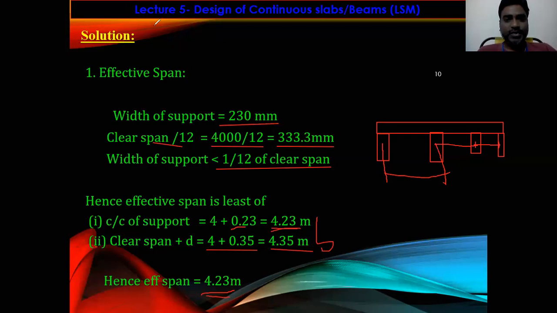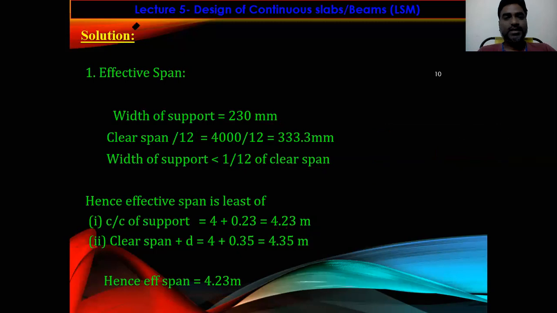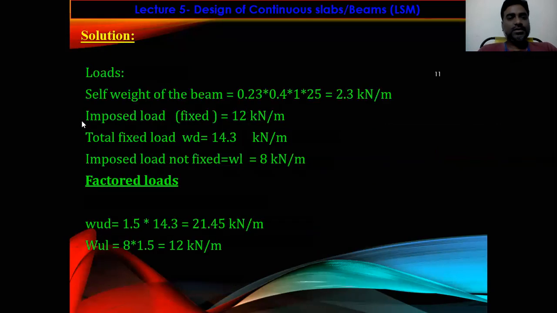So next you need to determine the loads. Here we have two loads, that is fixed and not fixed. The self weight is not included, so you need to determine the self weight of the beam.